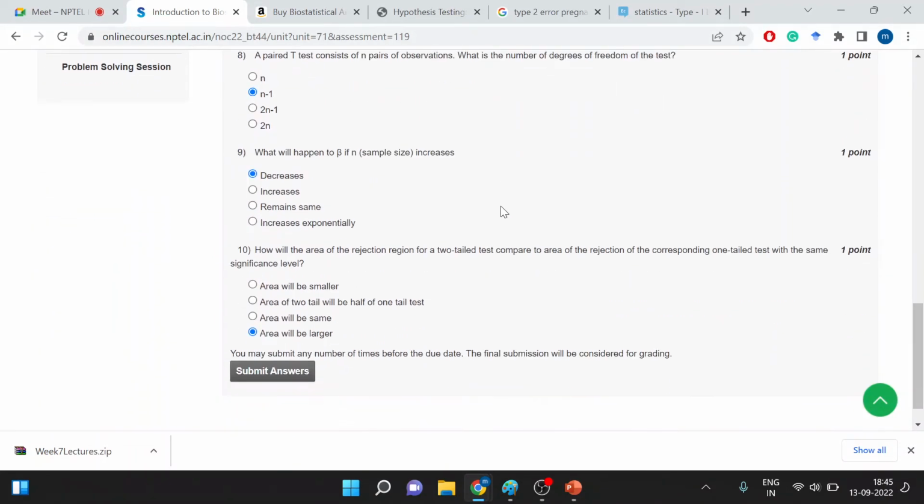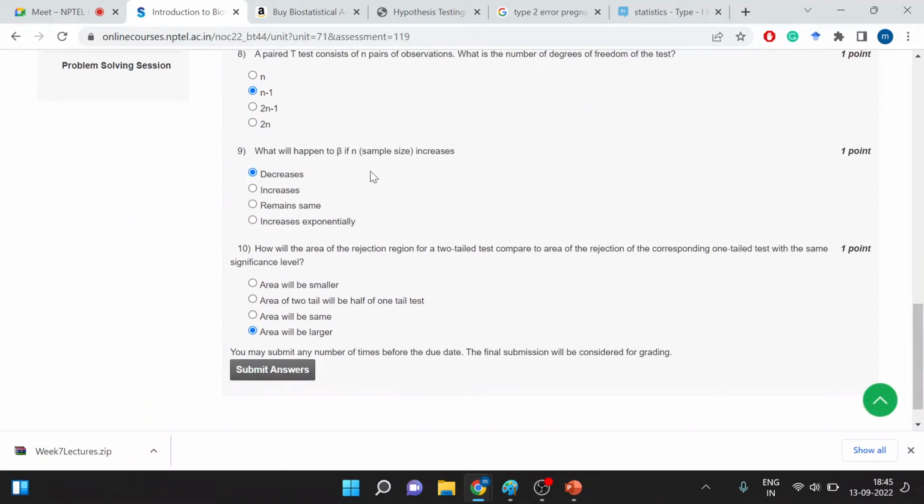But given a set of observations, you can't artificially increase beta after you have made all the measurements, so you can't control for that. The only way you can do it is to increase sample sizes to a certain extent. You can control your power, which is your type 2 thing.